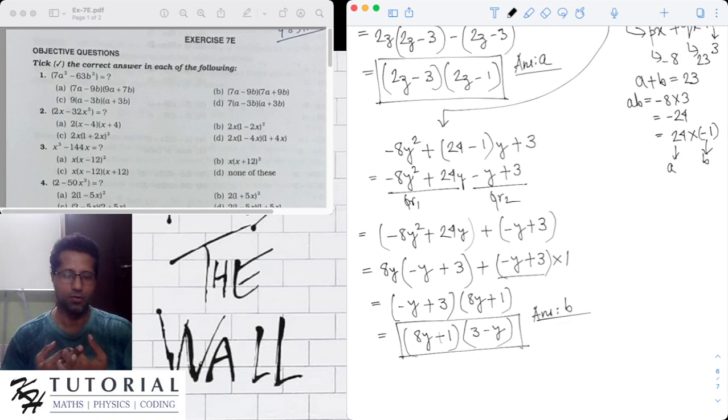That is, how do you factorize a quadratic trinomial of the two forms. The first form is x square plus px plus q, and the second form is px square plus qx plus r, and also the special forms of polynomials, that is a square minus b square, a plus b whole square and a minus b whole square.